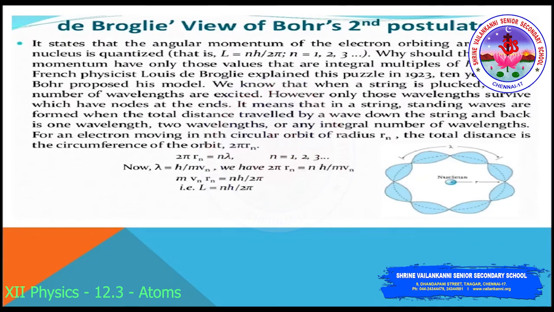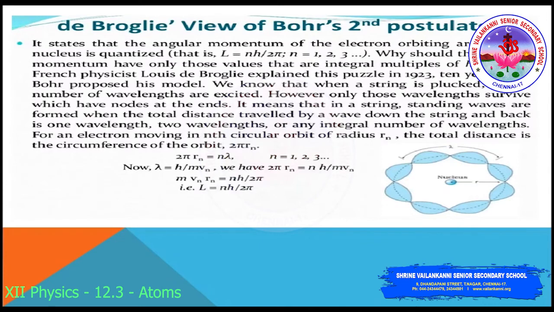The physicist de Broglie explained this question some years after Bohr proposed his model. We know that when a string is plucked, a vast number of wavelengths are excited. However, only those wavelengths survive which have nodes at the ends.